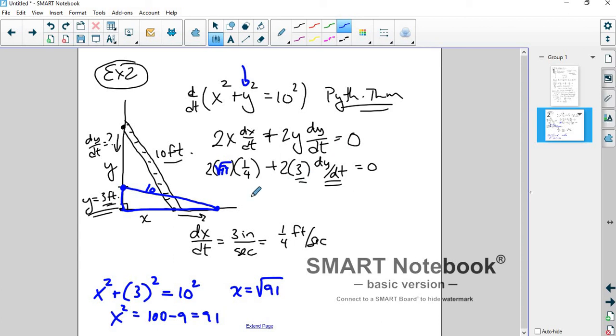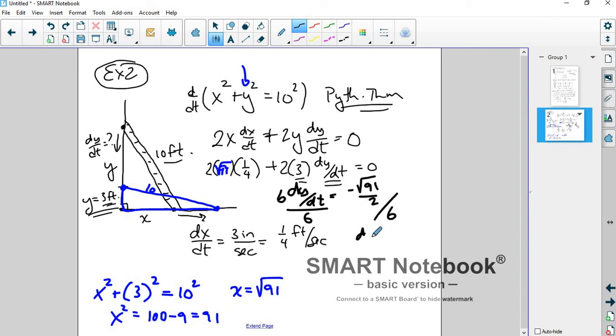And so let's plug that in and solve for dy dt. So we get 6 dy dt equals 2 times a quarter is 1/2, so we get negative square root of 91 over 2. We've got to divide both sides by 6.